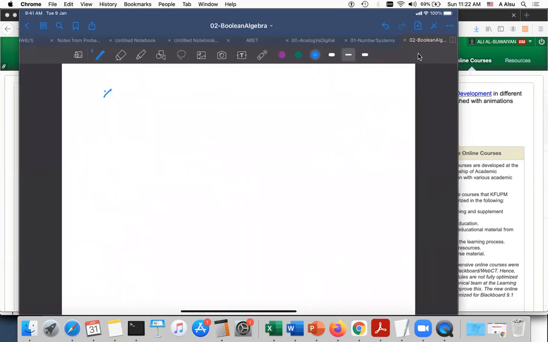So we have x ORed with x complement y, okay? And by distributive law, we can say this is equal to x ORed with x complement, ANDed with x ORed with y. And you say here distributive law, okay? And then this is equal to what?